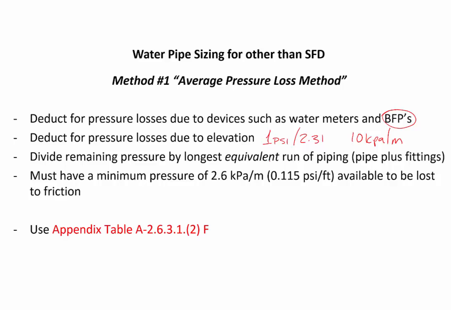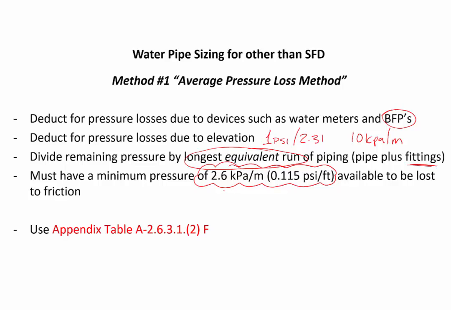Divide remaining pressure by the longest equivalent run. So we're going to look at the longest measured run of piping in the system and then add in an equivalent length to represent fitting losses. Take a look at that in a minute. So at the end, once we do our average pressure loss calculation, we have to have this remaining residual pressure available.